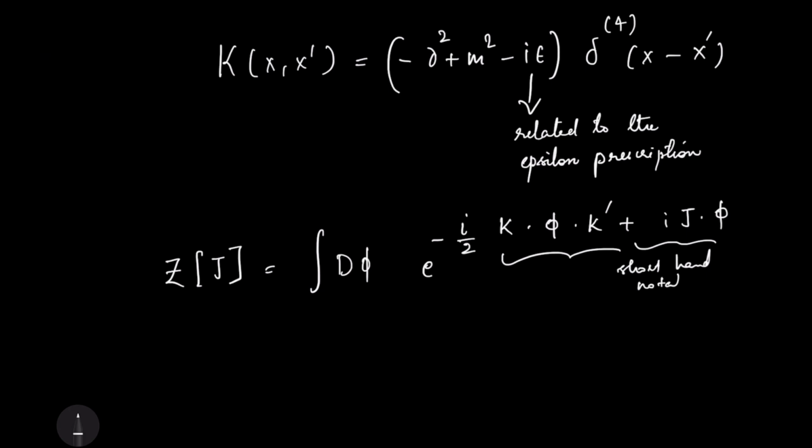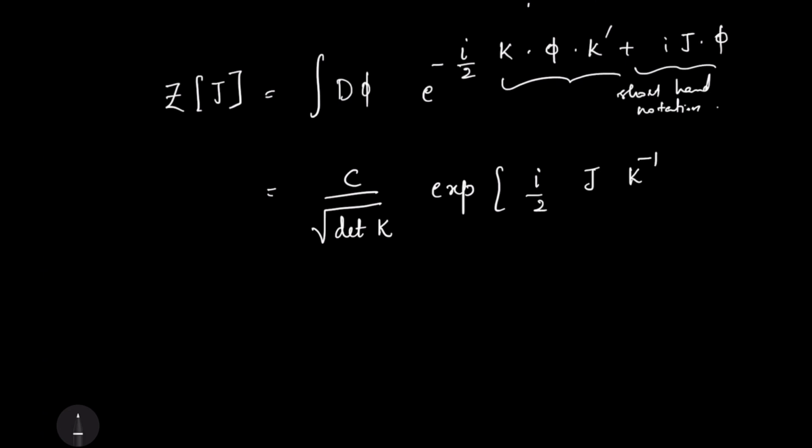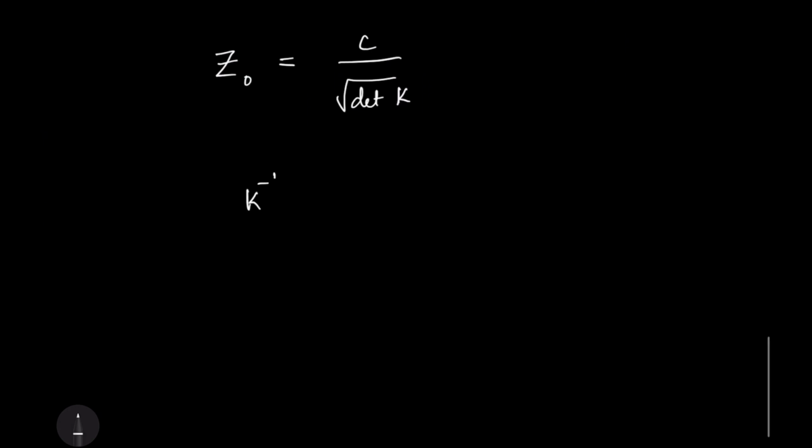This is equal to C by root of determinant K times exponential of i by 2 J K inverse J, and Z naught is equal to C by root of determinant K as usual. So we find K inverse x x prime is equal to i times G_F of x x prime, right?